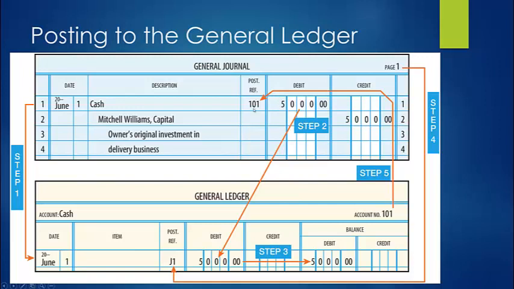Now for the journal, I'm going to take this account number and enter it in the posting reference column here, and it's going to indicate that this $5,000 was debited to account 101.